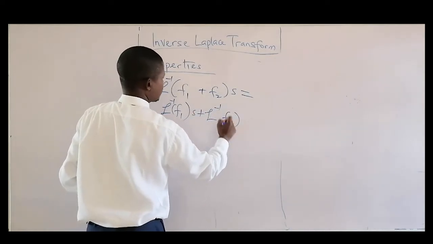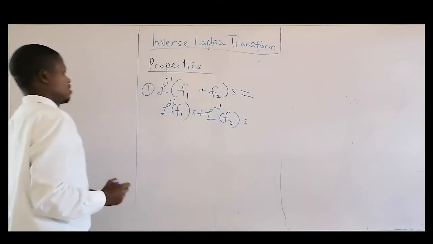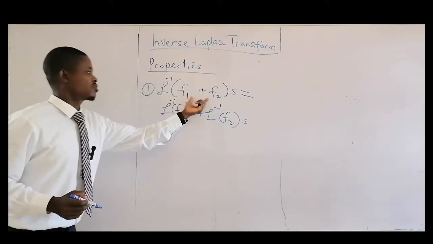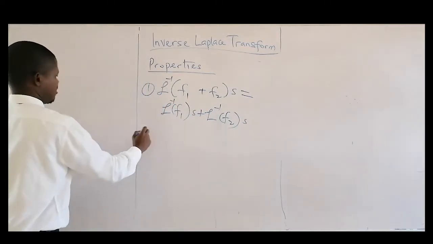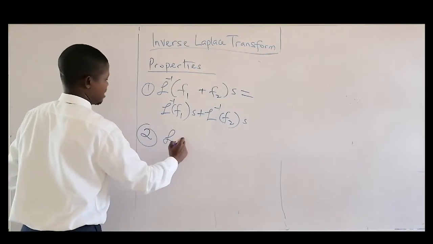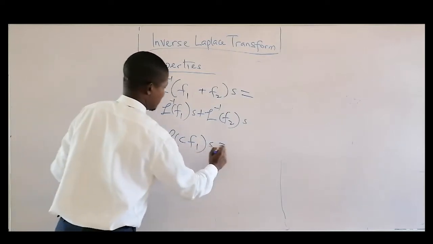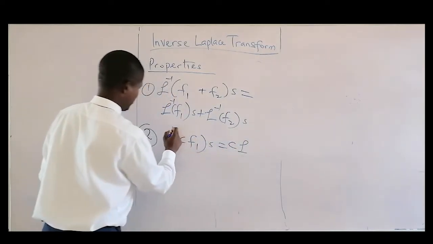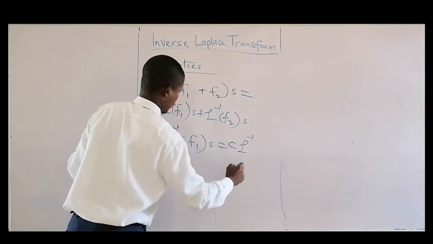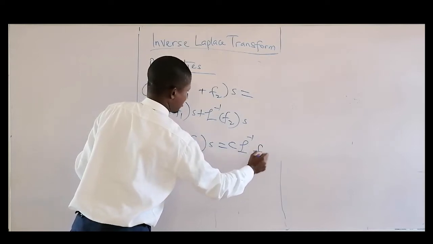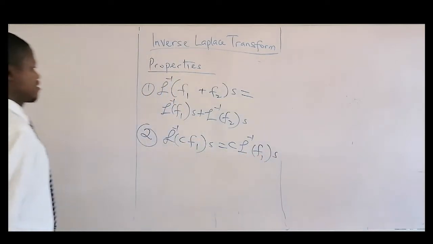So when you have the inverse of a sum of functions, you have this. Then another one is the inverse of c f1: the constant goes outside, so you have c times the inverse Laplace of f.